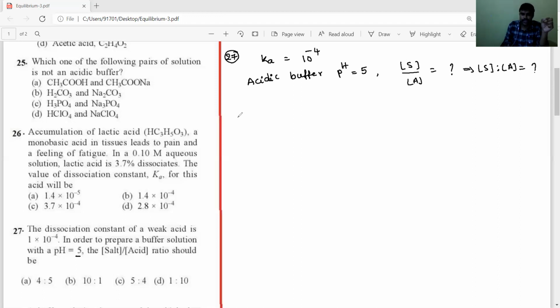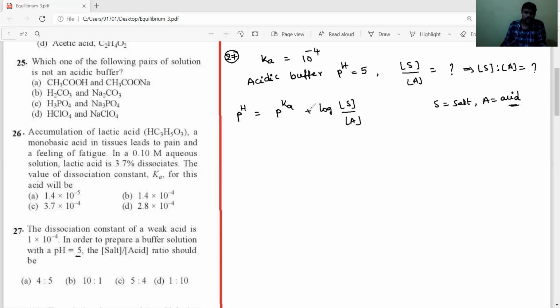And we know that for acidic buffer solutions, pH is equal to pKa plus log concentration of salt by concentration of acid. S means salt, dear students, where S is equal to salt and A is equal to acid.